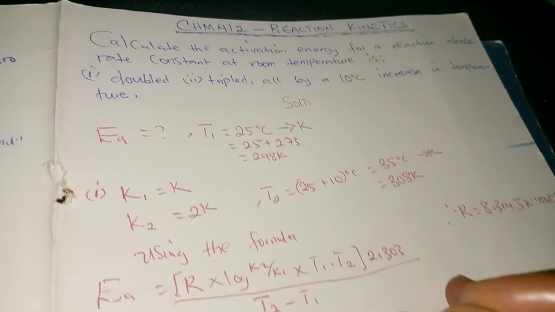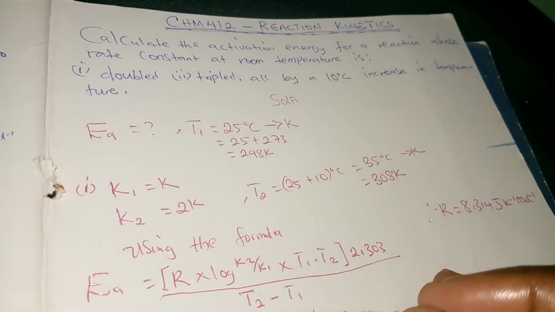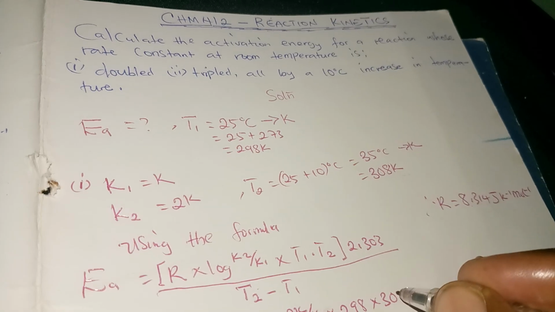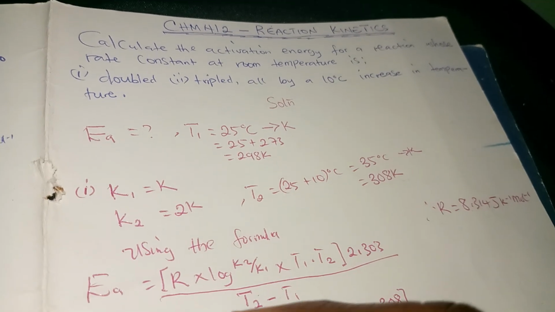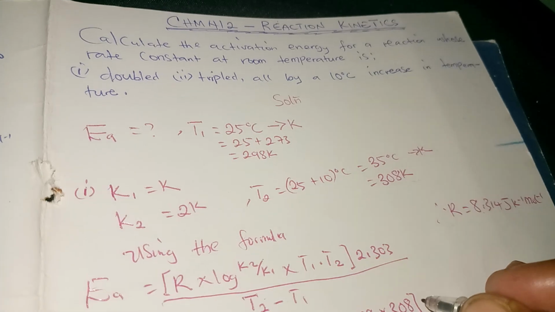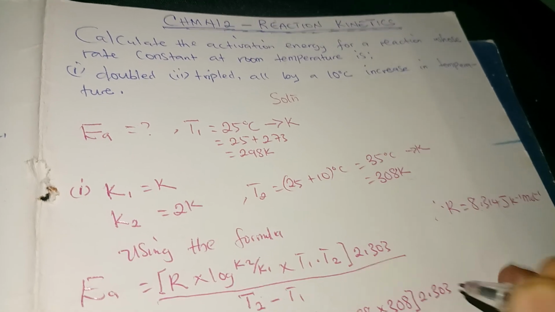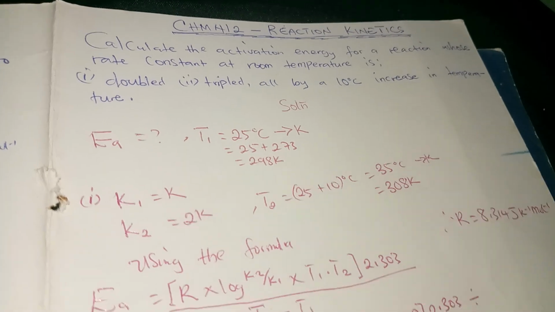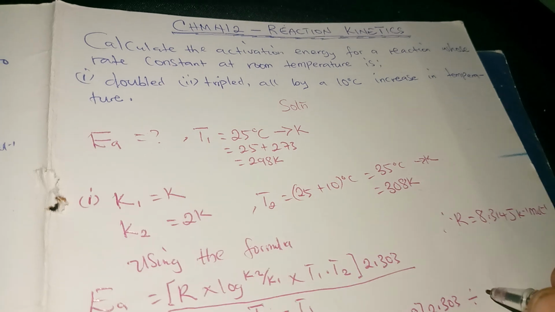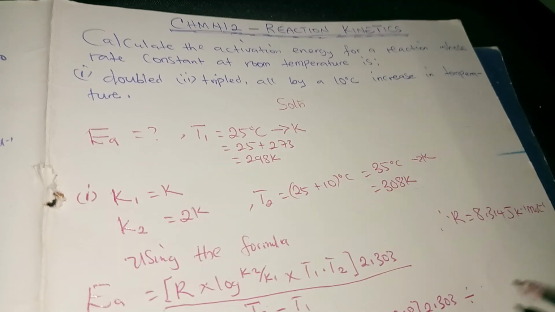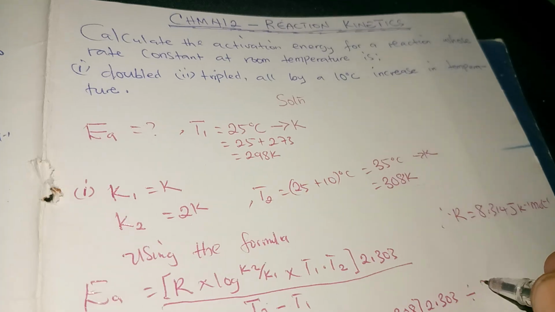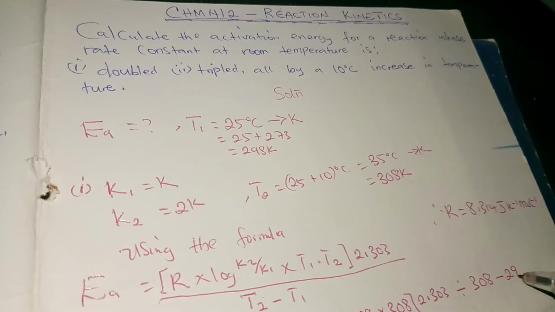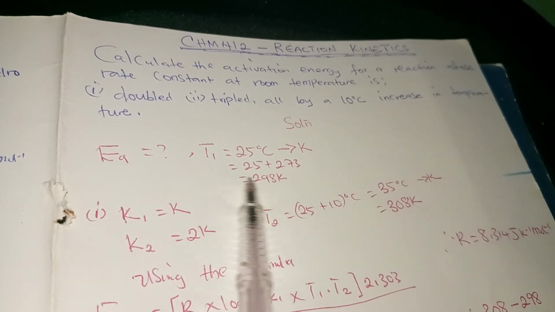My T1 is 298, times my T2, which is 308, times 2.303. I divide this by T2 minus T1, which is 308 minus 298.